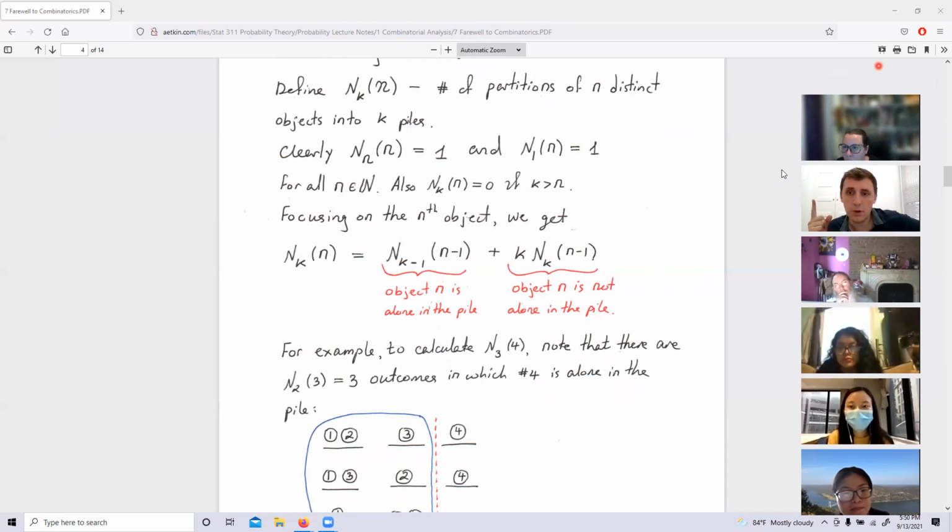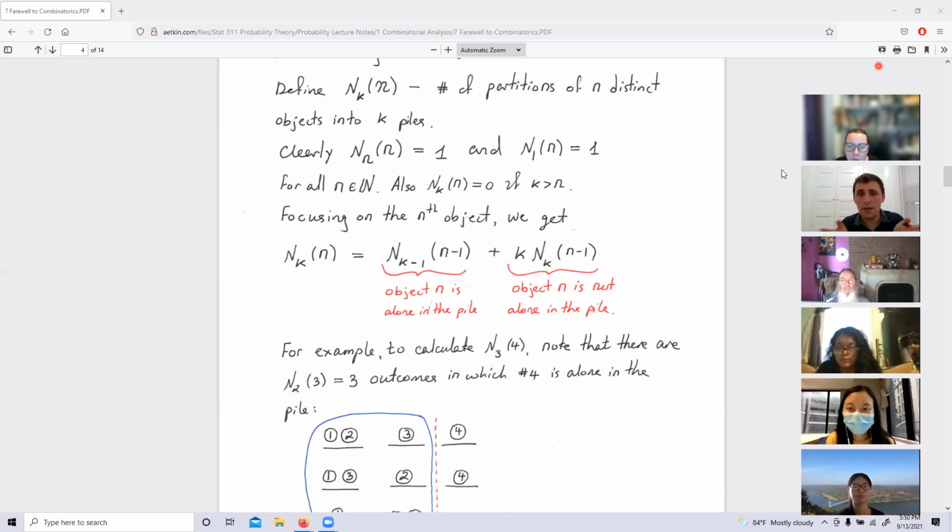Jimmy was a special boy, and we focus on Jimmy selected or Jimmy not selected. So in this case, the object labeled n is the special object. So I can group my piles into two categories: the piles where n is lonely, where Jimmy is lonely, and the piles where Jimmy is with friends. Right, so it's like we divide the class into groups.